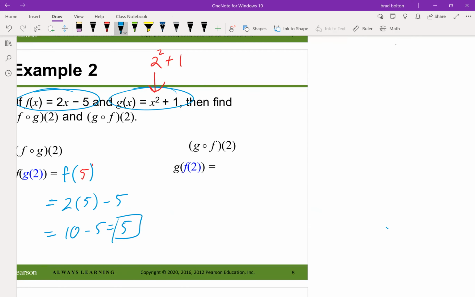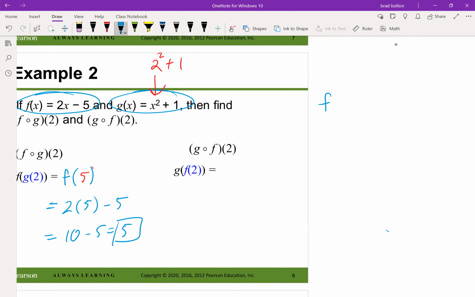Now, again, I think it's easier when they give you a number. What if I had just said, find f composed with g of x? In order to do that, I would say, well, let me rewrite this as f of g of x. But we know that g of x is x squared plus 1.